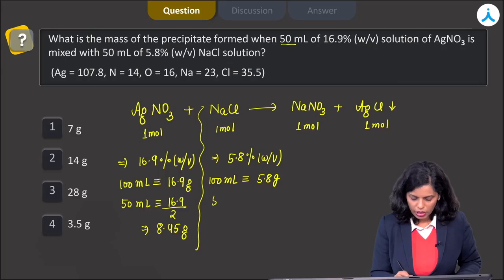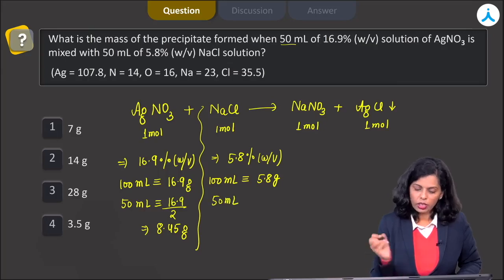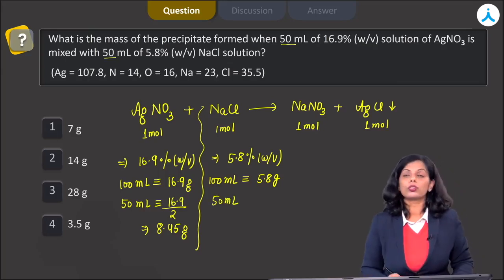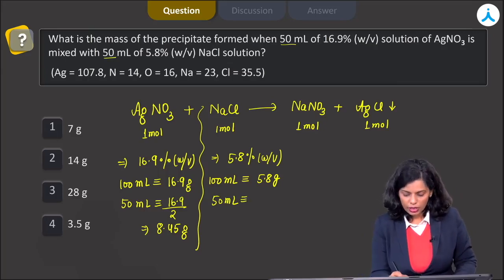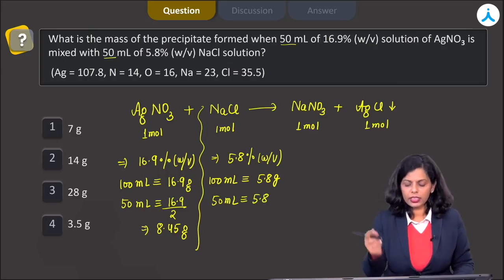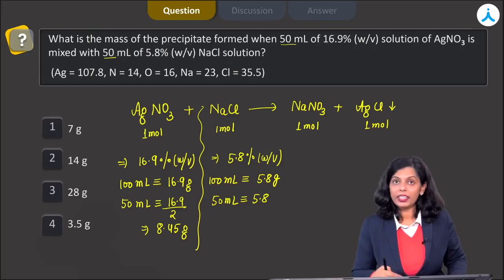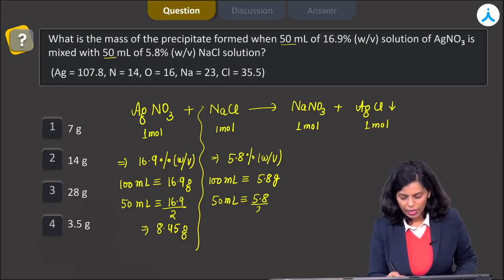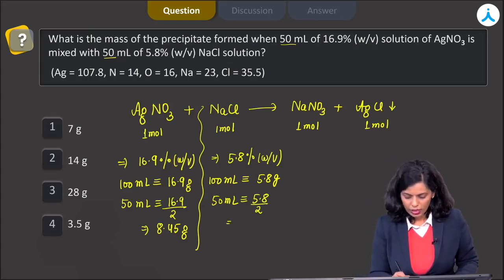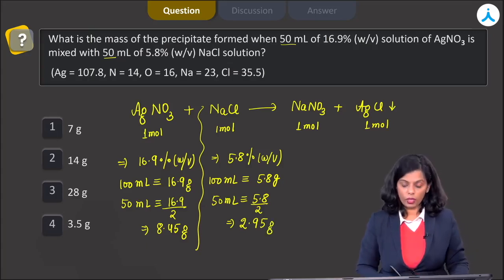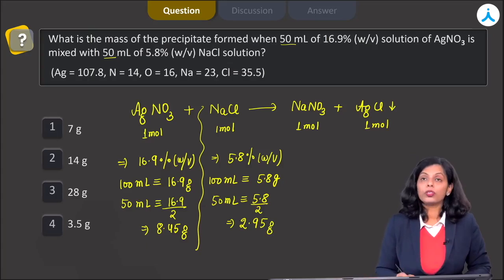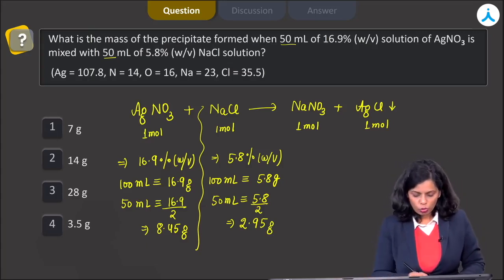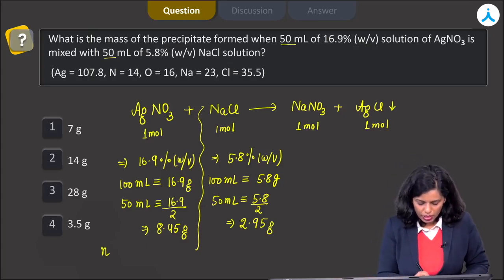Now, if I am taking 50 ml, because in the question the amount of this solution is also 50 ml, then it would contain 5.8 divided by 100 into 50. It means 5.8 by 2. So, this will give me the value 2.95 gram.